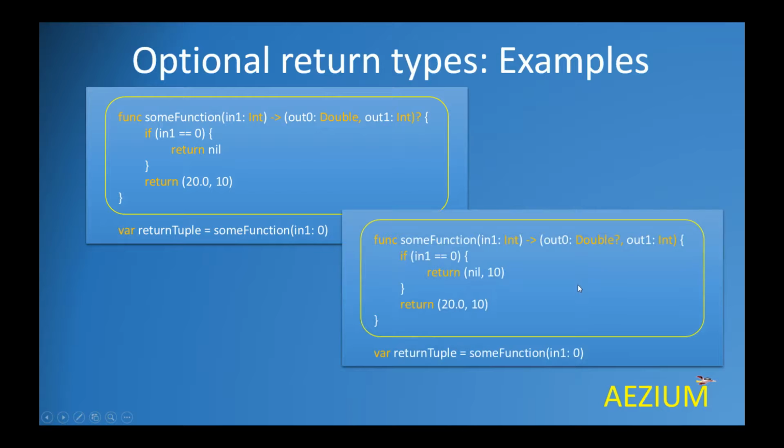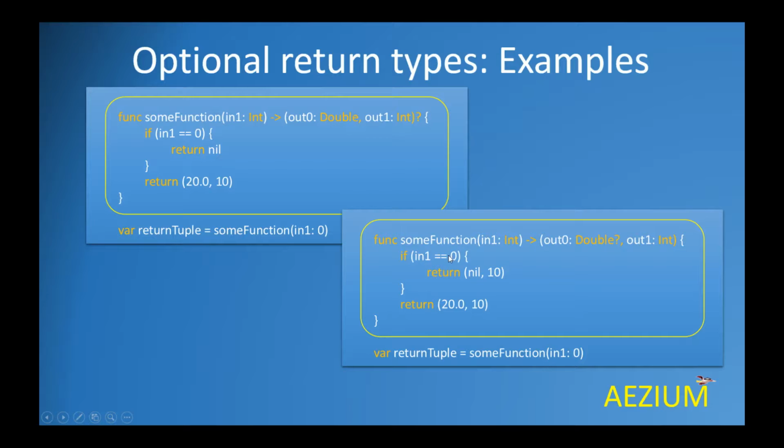Now here is a case where we only have an optional element within the tuple. This is the case where the entire tuple is not an optional. Then again, depending on the value of the input parameter, we decide whether we return a tuple whose first element, not the entire thing, whose first element is nil.